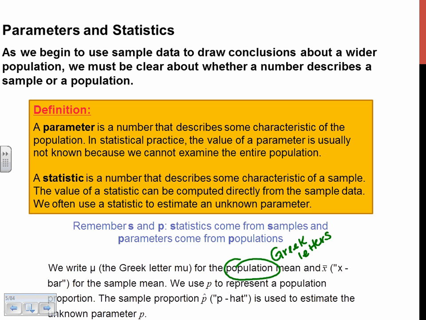But you're always going to have Greek letters going on. So when you talk about mu, yes, that is a mean, but more importantly, it's a population mean. And X bar is the sample mean. When you're dealing with a sample proportion, you're going to use P hat. And if you're dealing with the proportion for the whole population, you're going to have P.